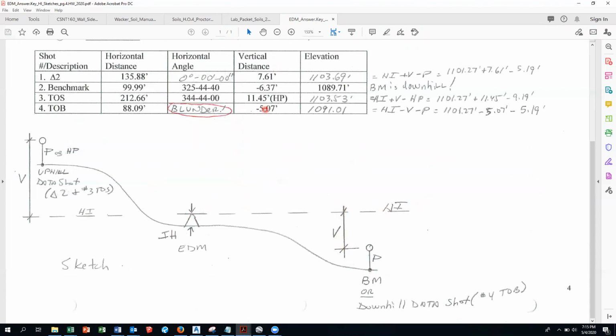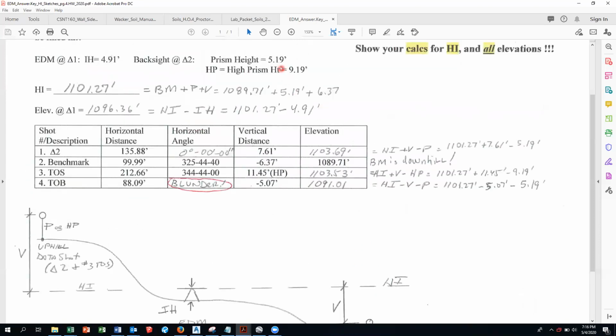It's not minus a minus. It's just HI, subtract that vertical distance, subtract that prism height. 1101.27 minus 5.07 minus 5.19. That gives you 1091.01.